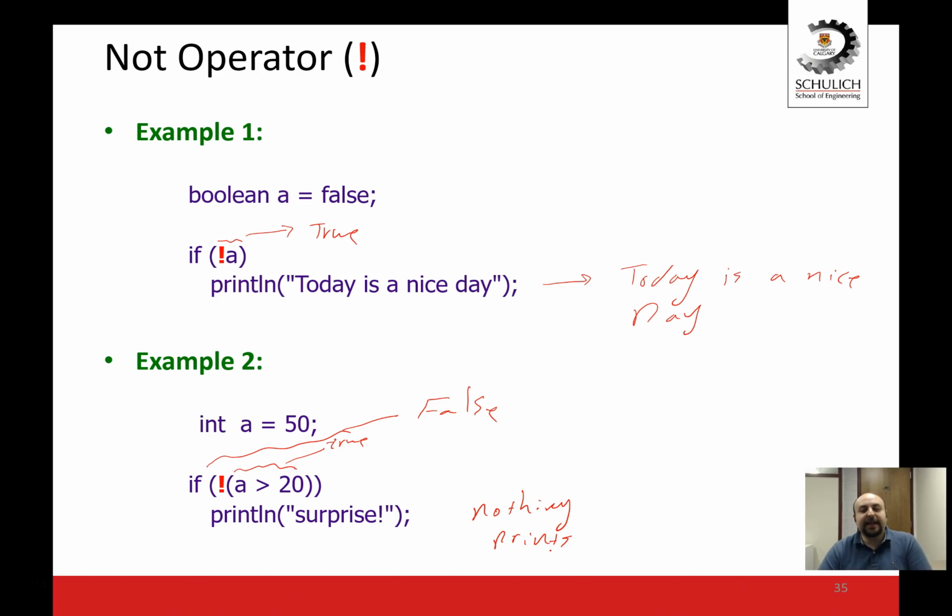So try this in PDE, in Processing, and get some practice with it. But basically, when you say not true, it becomes false. When you say not false, it becomes true. So it's a logical thing. It's not used as often as and and or. And and or are quite useful. This one you don't see as much, but it's important to know what it's about.